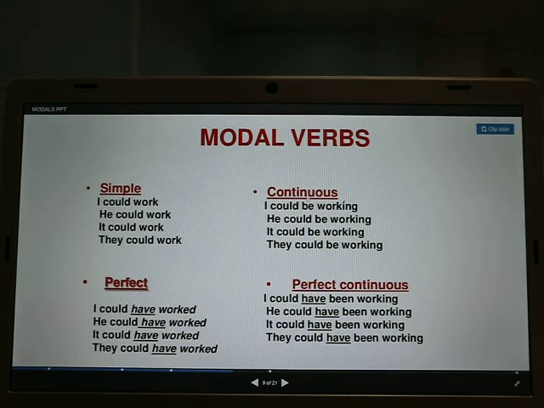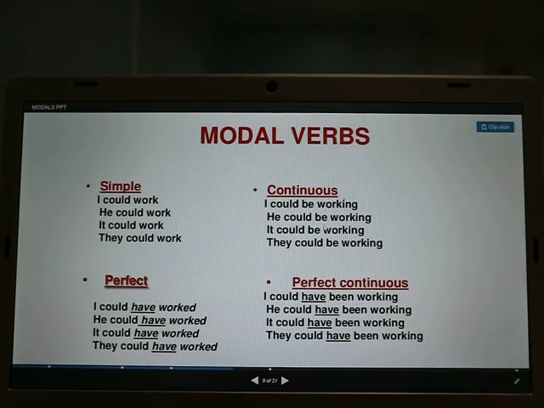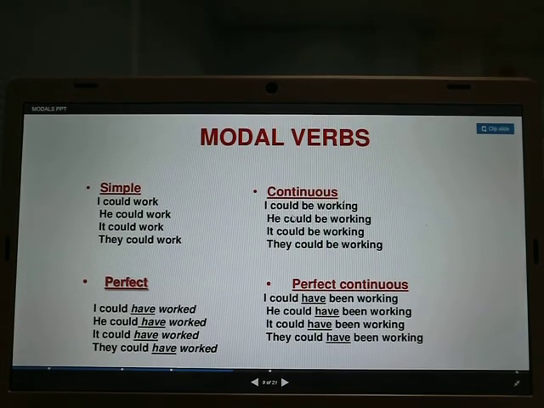And then the continuous: I could be working, he could be working, it could be working, and they could be working. So these two, the simple and continuous, are using the modal verb could. Okay, the modal could. And then this is the simple, and this is the continuous.